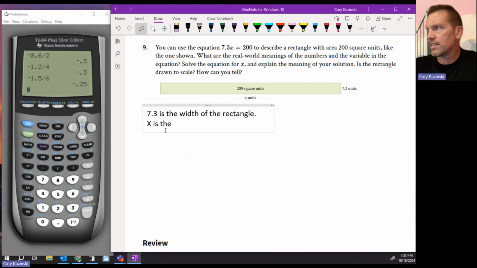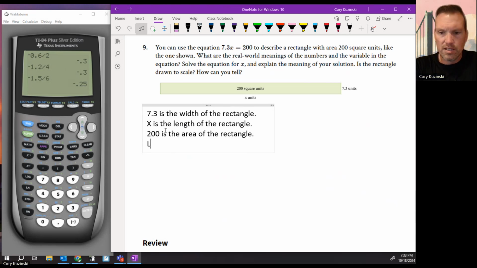X is the length of the rectangle. And 200 is the area of the rectangle. And length times width equals area, doesn't it? Or width times length in this case.